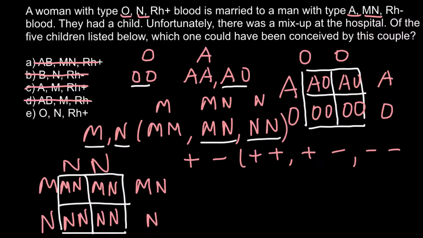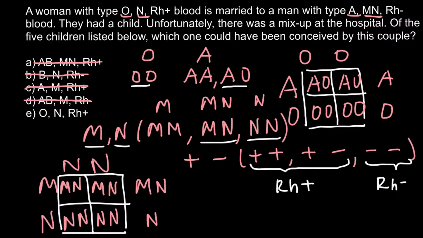So in this case, these 2 genotypes mean Rh positive phenotype, and the last genotype means Rh negative. So once again, 2 alleles can produce 3 genotypes.